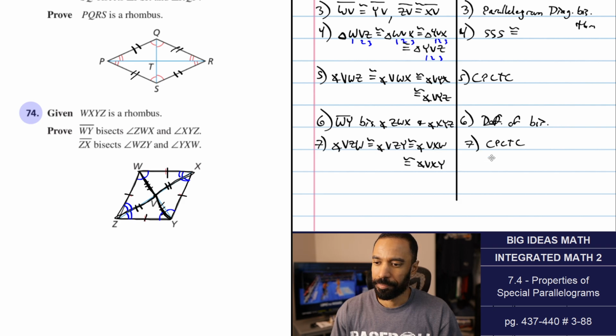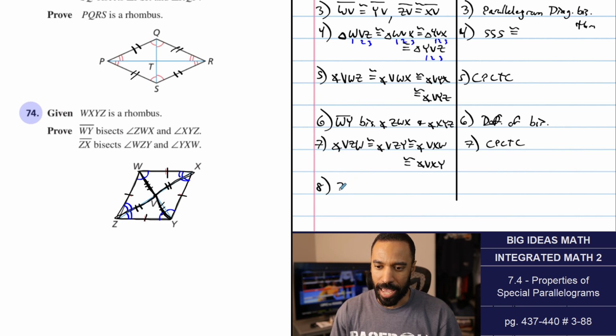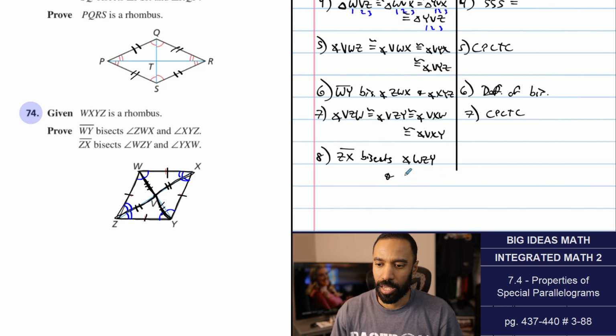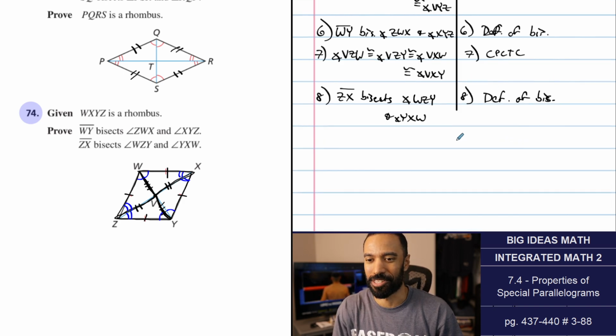And then therefore ZX bisects these two angles, angle WZY and YXW. I know my handwriting is tough on these. Part of it is the technology I'm using, definition of bisector. Part of it is I've been working for over 2 hours since the middle of the night.